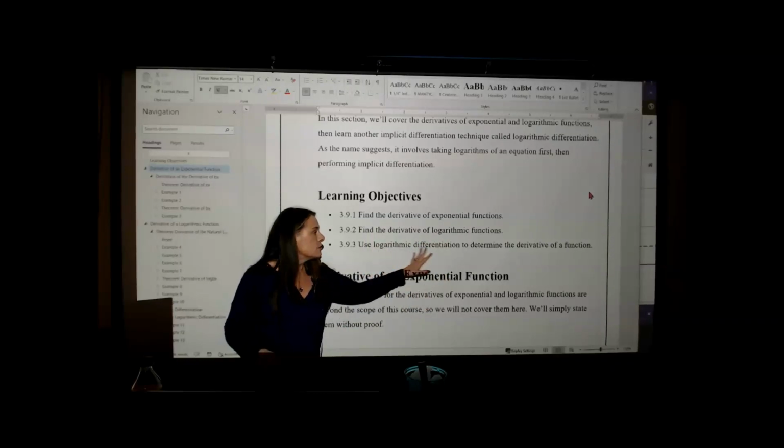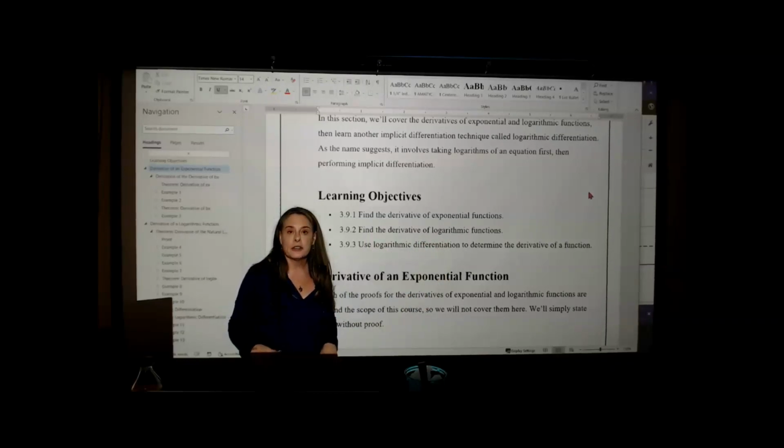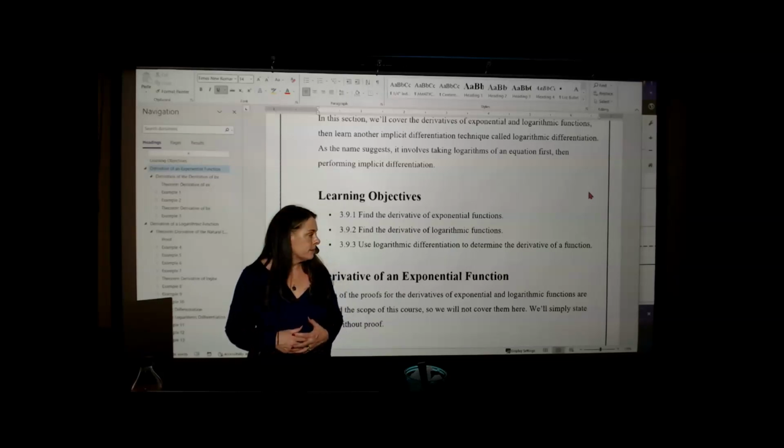And then we'll use logarithmic differentiation to find the derivative of tower functions and to simplify some other more complicated functions that are not tower functions, but whose derivative can be found far more simply by using logarithmic differentiation.